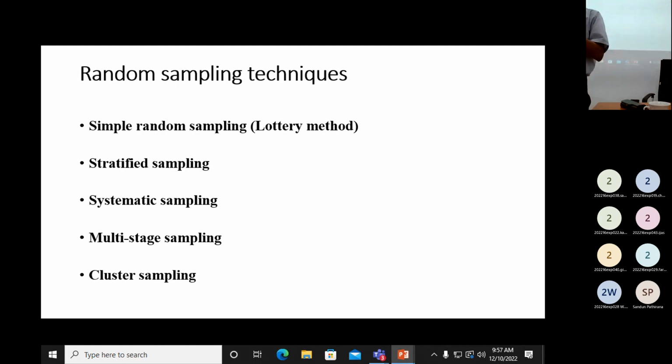As we select all the items of the selected areas into the sample, this is called cluster. This is called cluster. That is what is meant by a cluster.